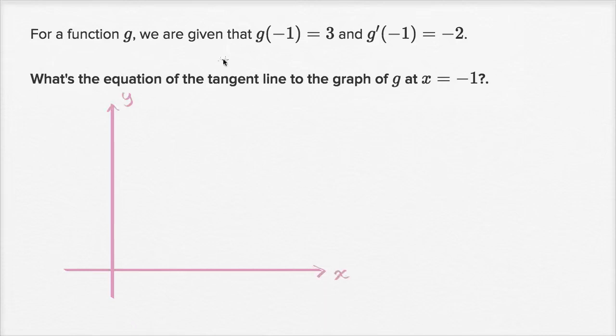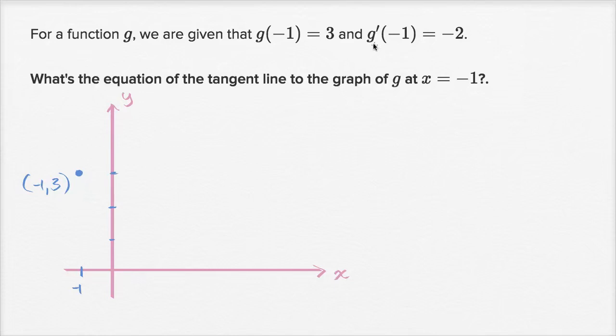We are given that g of -1 is equal to 3, so the point (-1, 3) is on our function. This is -1, and then we have 1, 2, and 3. That is the point (-1, 3). It's going to be on our function.